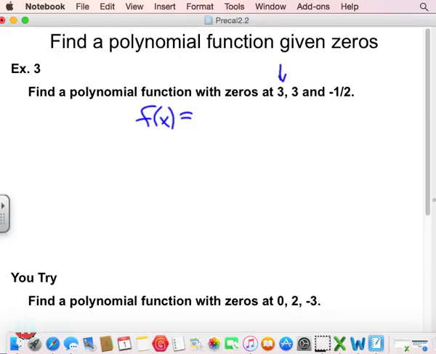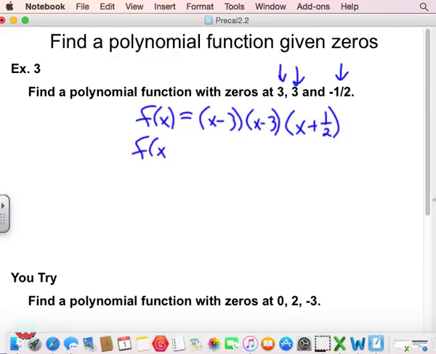So I'm going to write x minus 3, and I'm going to write one for the other 3, x minus 3, and then I've got a negative 1/2, so I'm going to write x minus negative 1/2, which really makes x plus 1/2. Okay, so when I write all these factors, one for each 0, now to write the function, I'm just going to multiply all these together, and it'll give me a function that will have those 3 zeros.